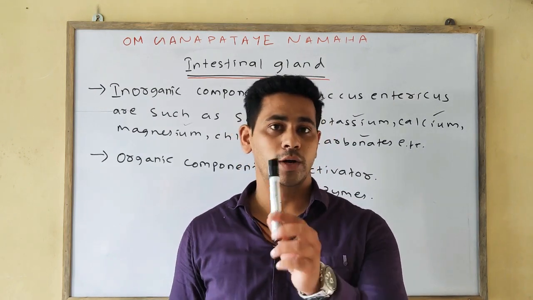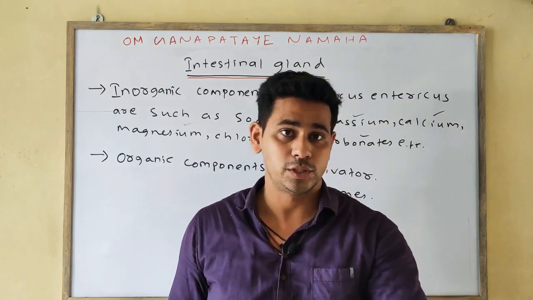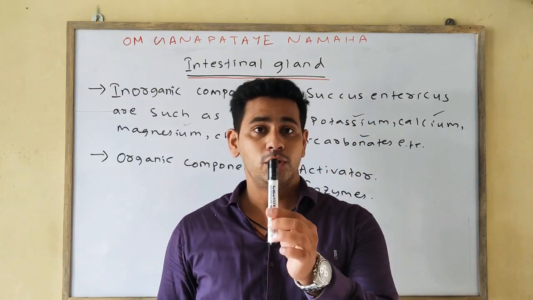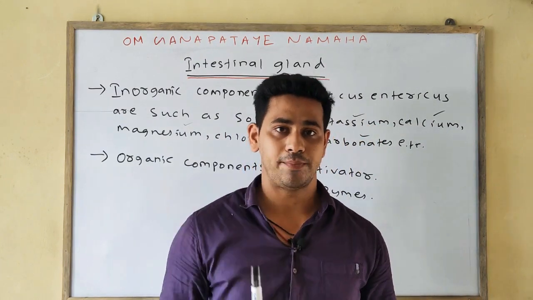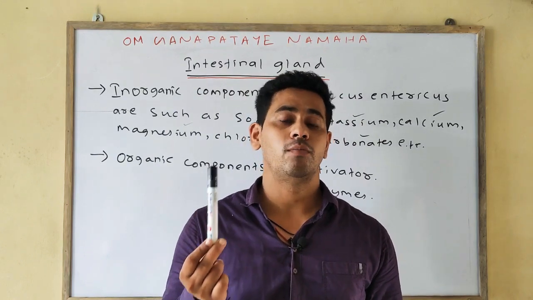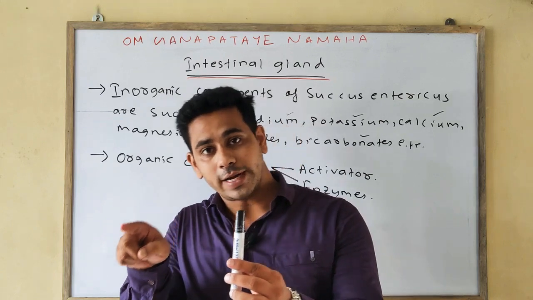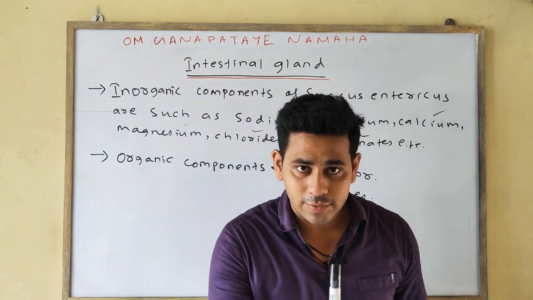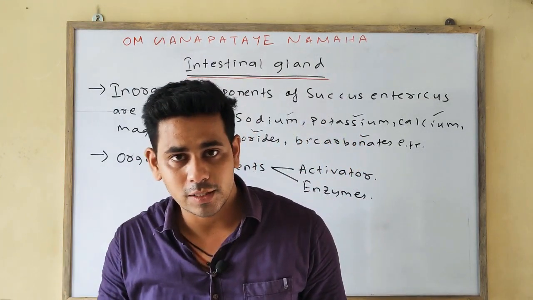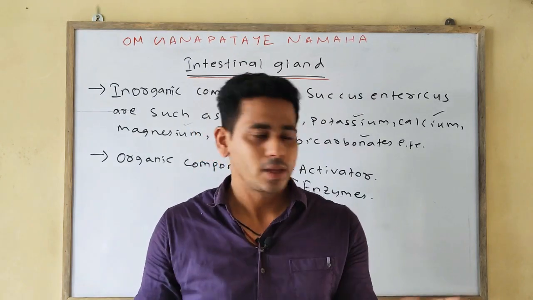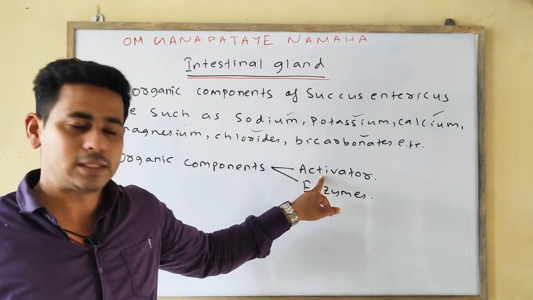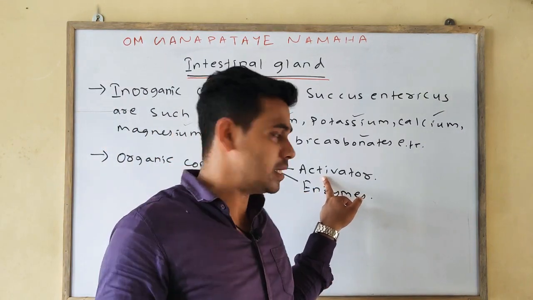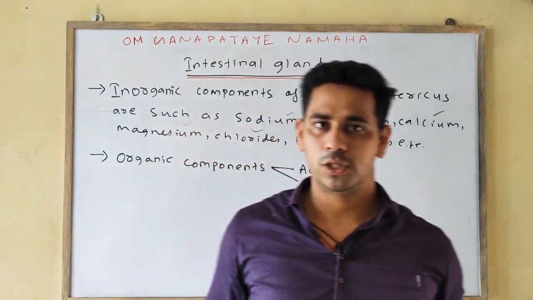I told you about the organic components of the pancreatic juice: trypsinogen, chymotrypsinogen, you should remember. Trypsinogen is a pro-enzyme, the inactivated form of the enzyme, which will convert into the activated form of the enzyme, called trypsin. That conversion of the inactivated form to the activated form is the work of the activator, and the common example is enterokinase.